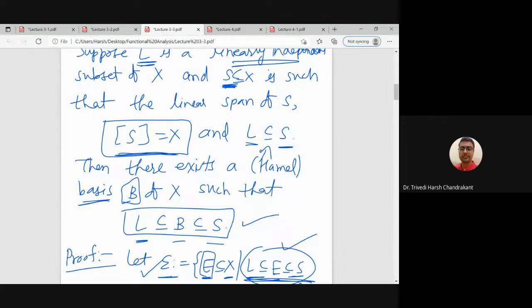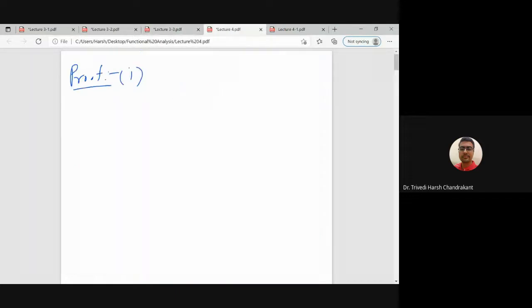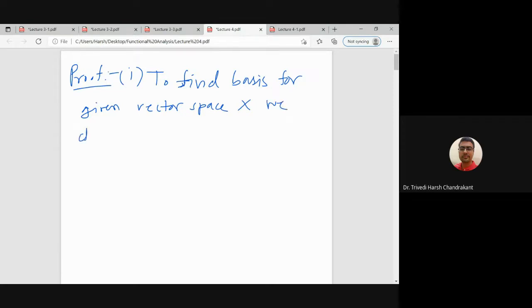So to find the basis B of X, we need to choose L and S. First of all, to find a basis for the given vector space X, we choose.